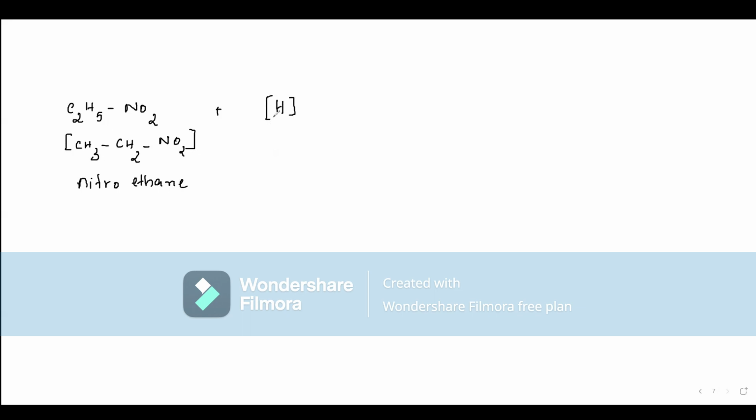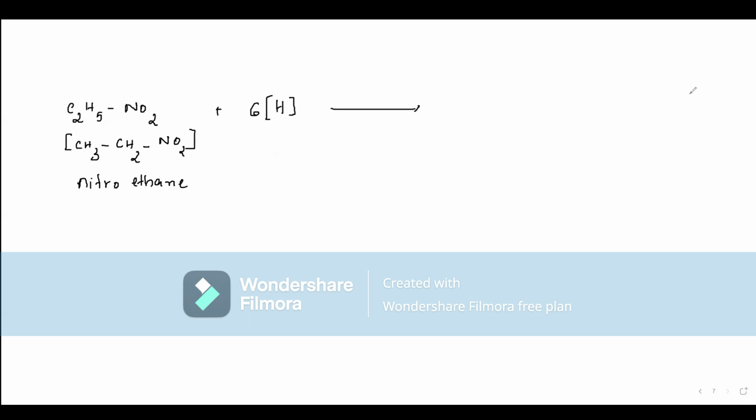I took 3 molecules of hydrogen previously, and that is equivalent to 6 atoms of hydrogen. When I write nascent hydrogen, I need something which will provide it, as in, I need a reducing agent.